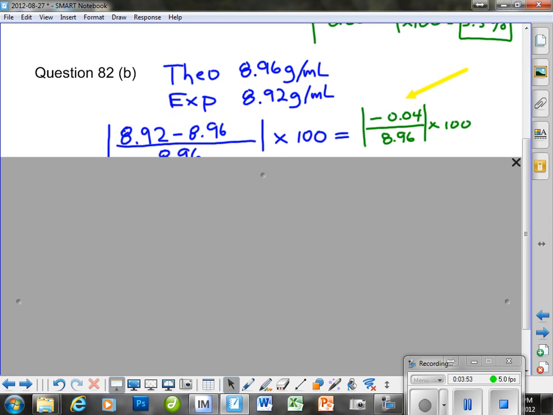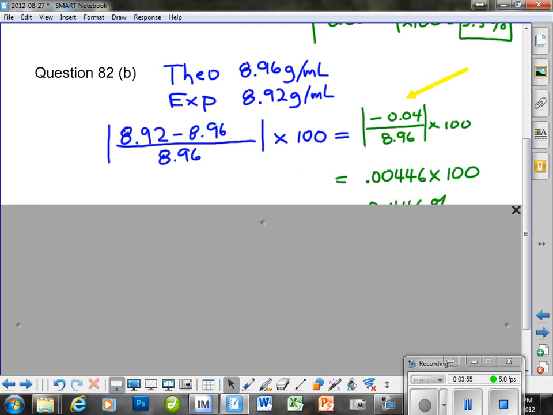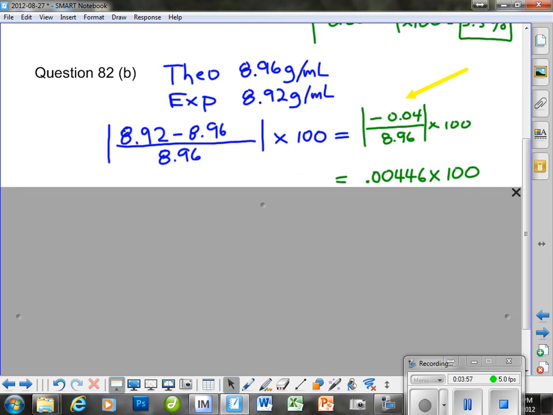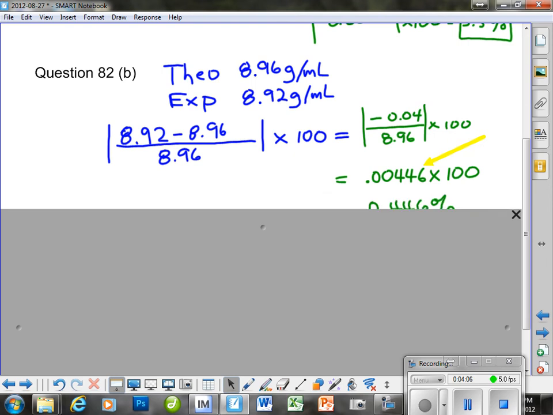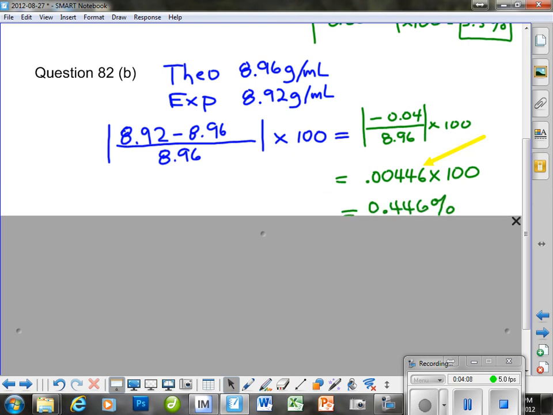So it's in the absolute value, so that's going to come back out and be positive. And when we divide the 8.96 into it, we're going to get this number right here. And then we multiply that by 100, and that moves the decimal over 2 places.